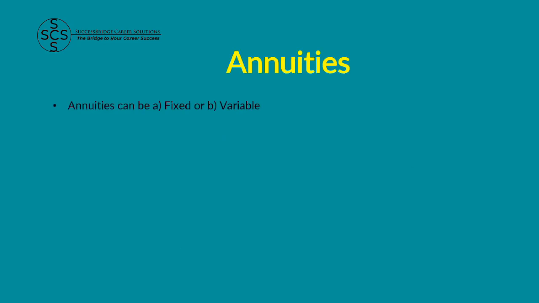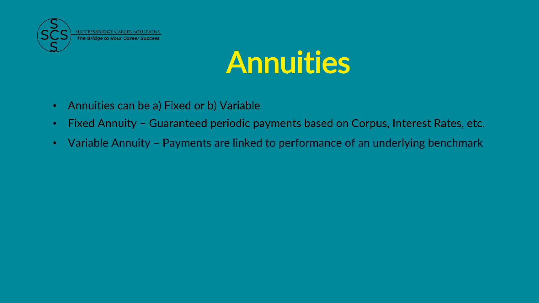What does that mean? Fixed annuity means there are guaranteed periodic payments that you get based on the corpus, the interest rates, etc. Variable annuities are payments linked to the performance of an underlying benchmark. You can also have an annuity plan that is part fixed and part variable.